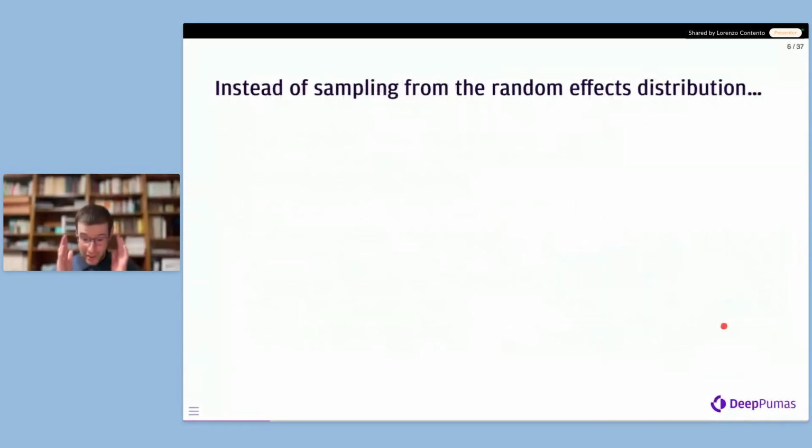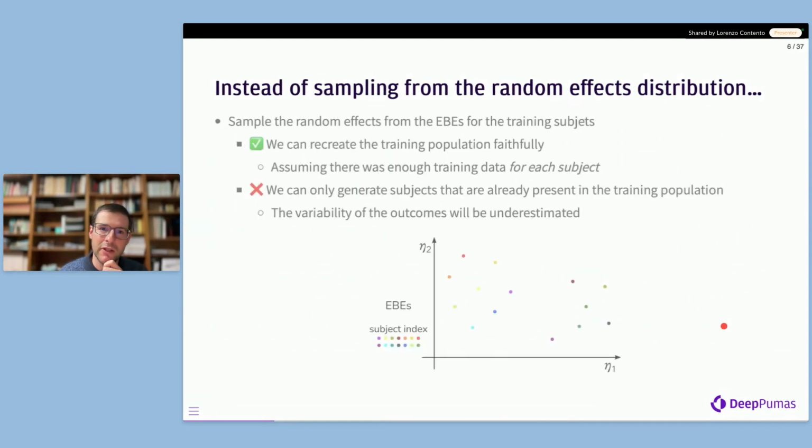Okay, so now, for our proposal: instead of sampling from the misspecified distribution, we propose to use a different one. I will not give you the final answer immediately, but I will try to build towards it. A first candidate could be sampling from the empirical Bayes estimates for the subjects in the training population.